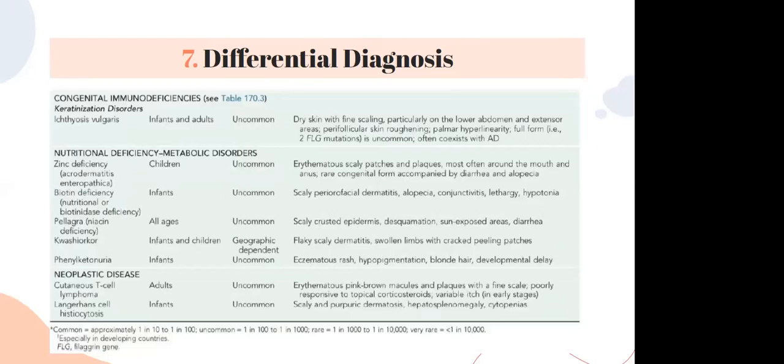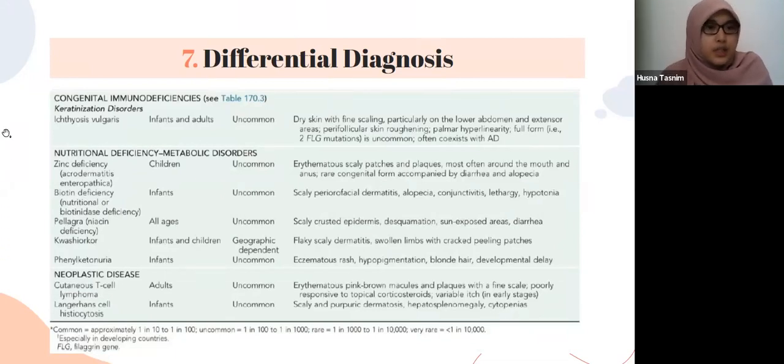For the congenital immunodeficiencies, we have ichthyosis vulgaris. This is uncommon. It is dry skin with fine scaling, particularly on the lower abdomen and the extensor areas, with perifollicular skin roughening and palmar hyperlinearity.